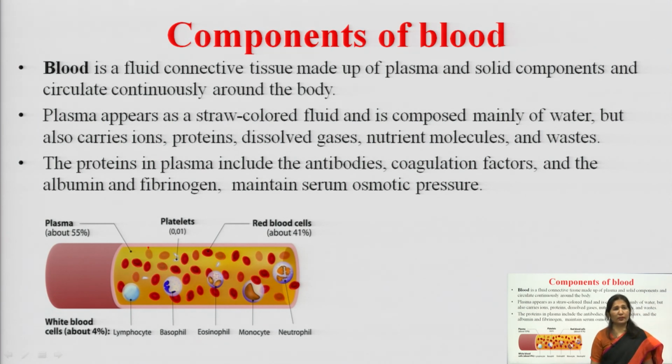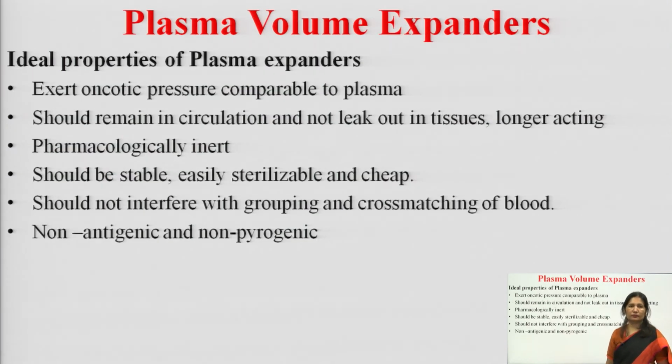The proteins present in plasma include antibodies, coagulation factors, albumin and fibrinogen, and they maintain serum osmotic pressure. So, these are the different components of the blood. You have already seen red blood cells, platelets, white blood cells and the plasma.